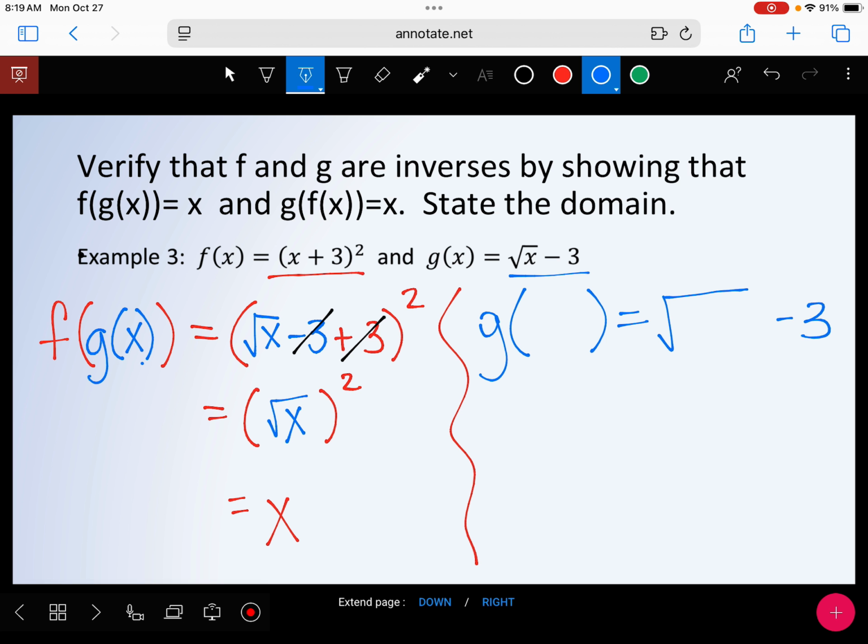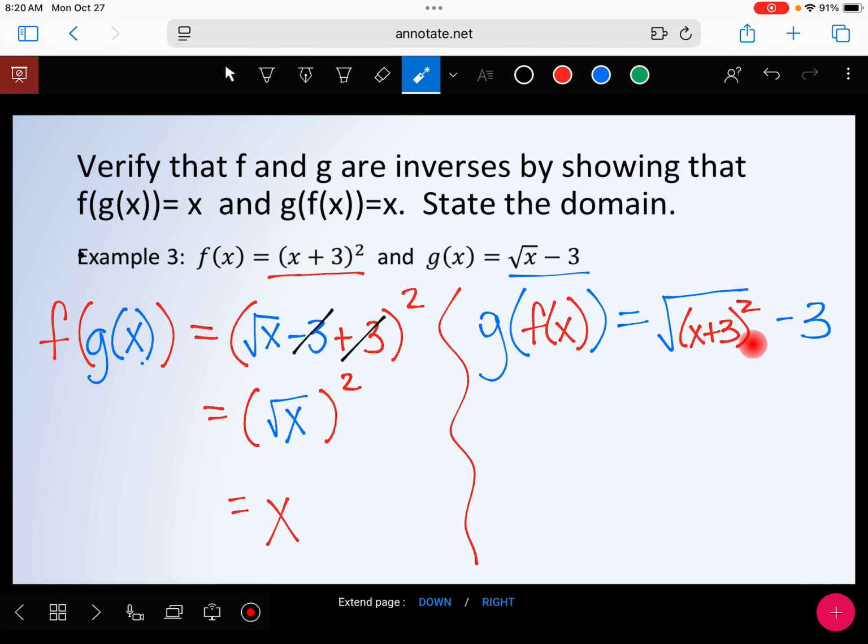And inside of the g function, I'm going to put my f function. So here, see how we have a parentheses that's being squared.